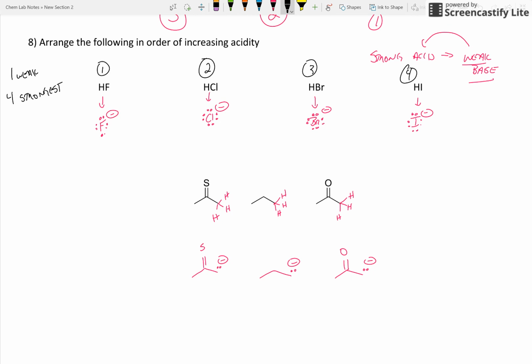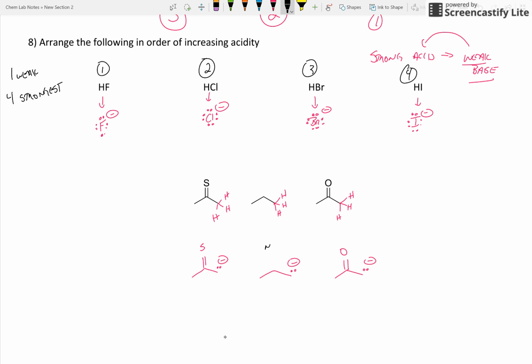So how can we stabilize that charge? They're all on a carbon, so we don't have to worry about electronegativity or radius. We can't really say too much about inductive effects. There might be something that's going on behind the scenes. But what else can we look at? Well, we're going to have to look at resonance in this case.